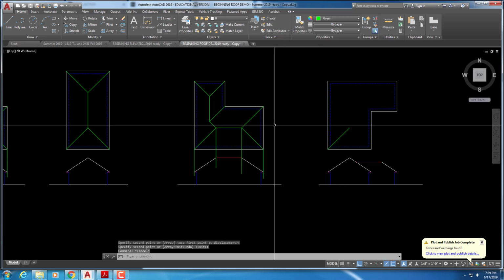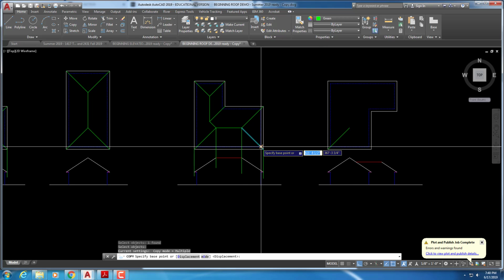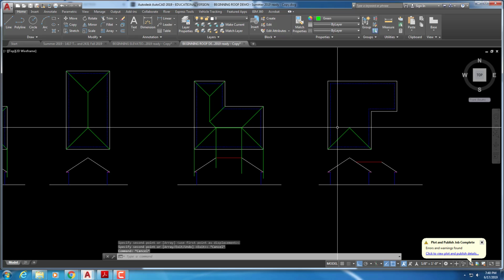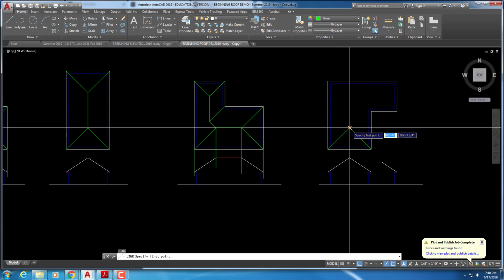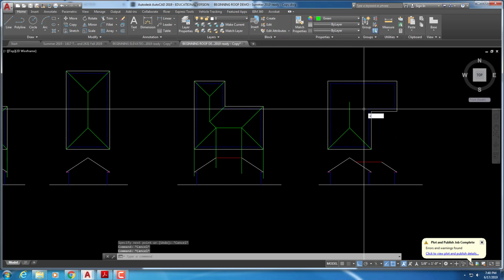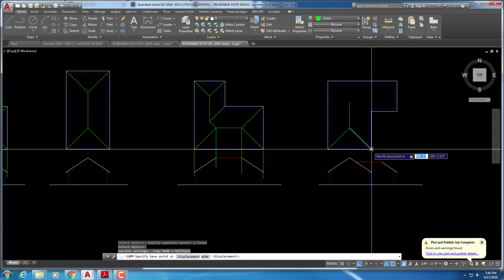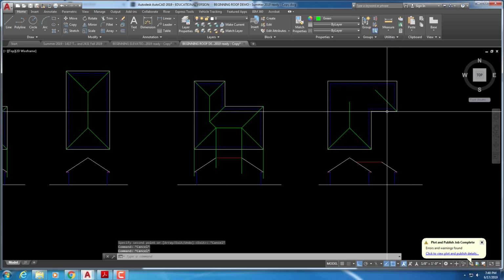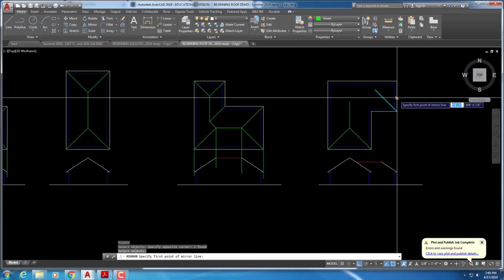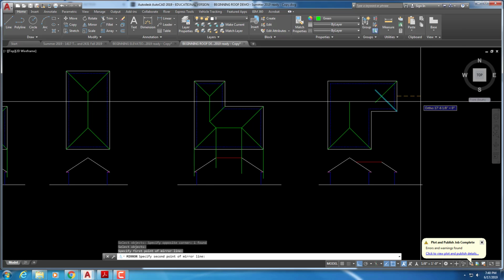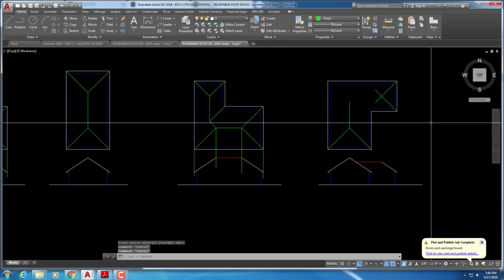So we could copy the hip lines over to get started, put our ridge line here. We're also going to have hip lines here. Mirror. Have to have ortho on when you're doing this or it can really get confusing. Plus it won't work correctly.